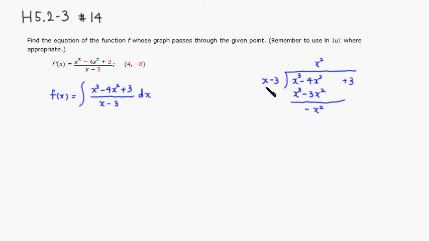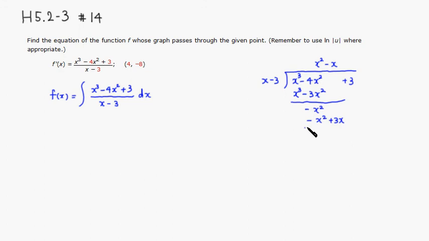Then we ask ourselves, how many x's can we squeeze into negative x squared? That will be negative x. Negative x times x would be negative x squared, and negative x times negative 3 would be positive 3x.